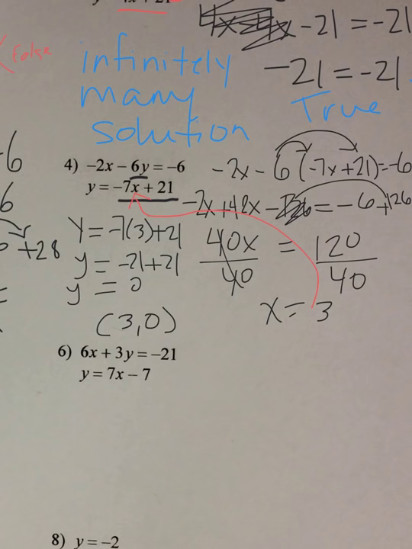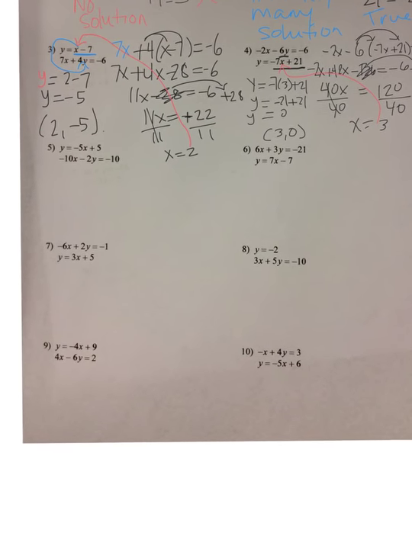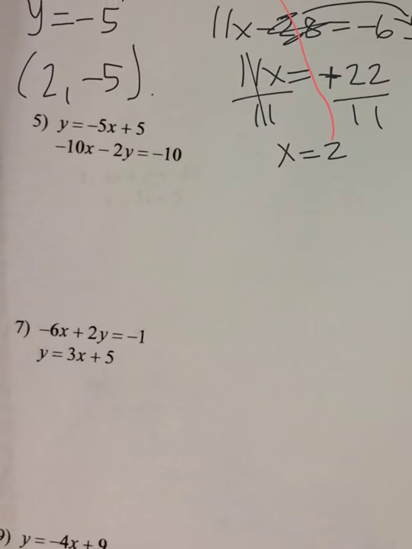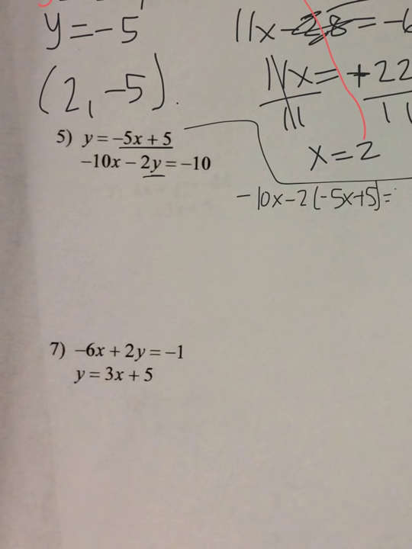Okay. Next one. Again, this is the one in y equals, so that goes there, and I'm going to substitute it. So it's going to be negative 10x minus 2 times negative 5x plus 5 equals 10.